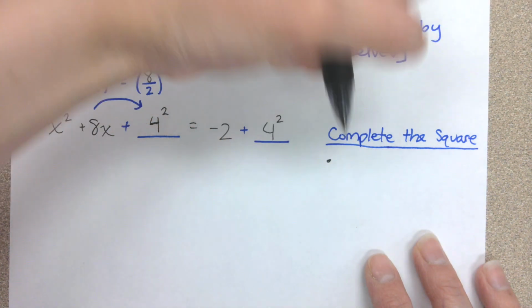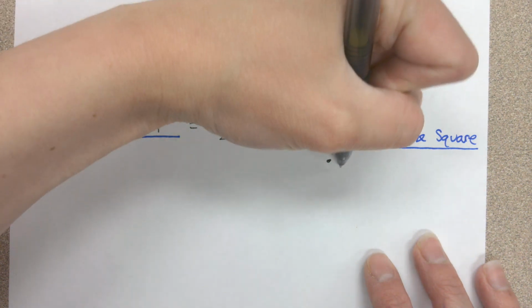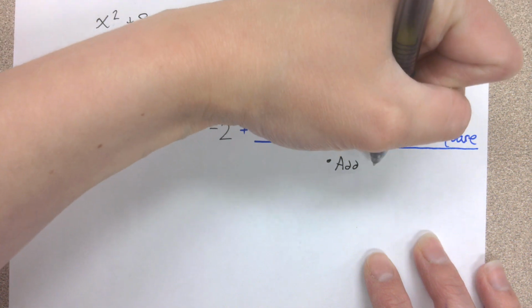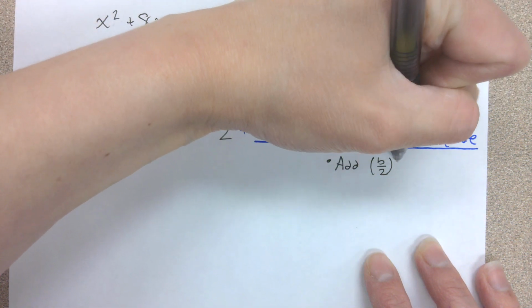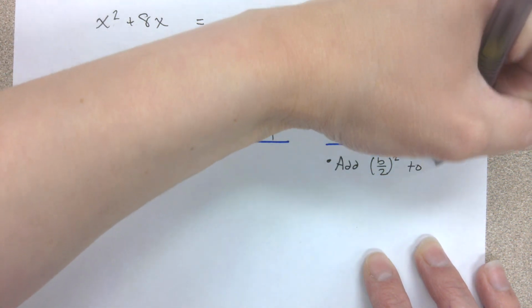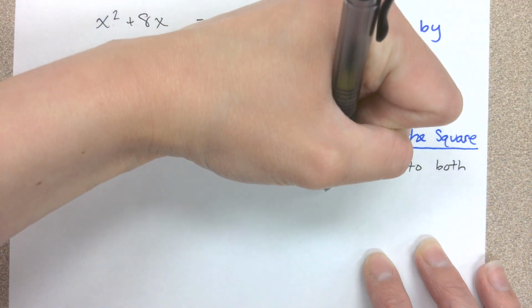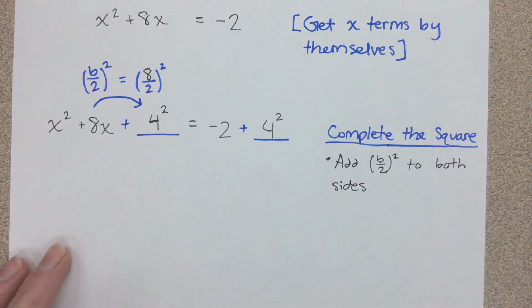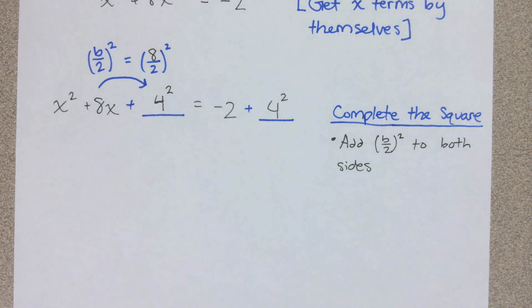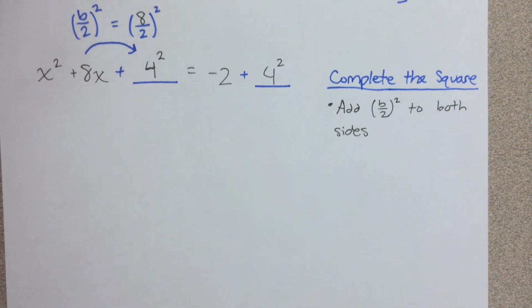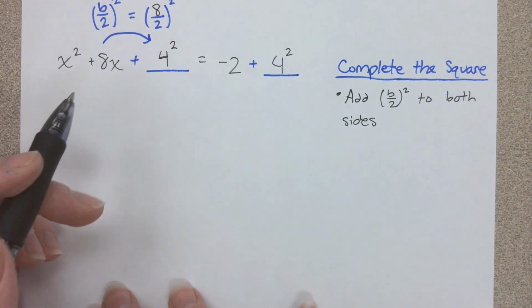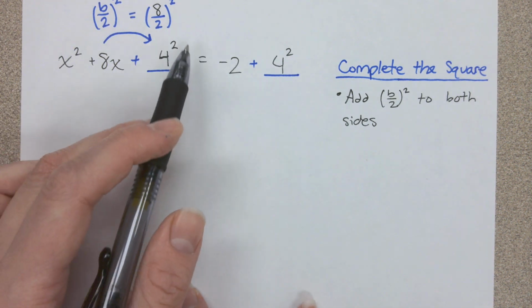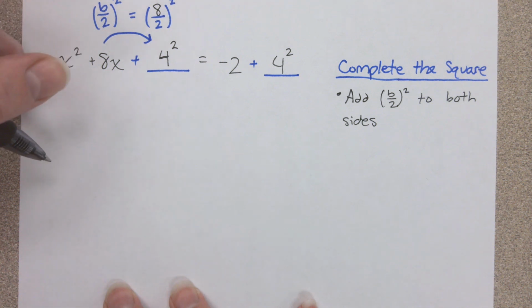So kind of explaining my work here for a sec. Add b over 2 squared to both sides. And then I'm going to write this out again, but leave this as 4 squared.